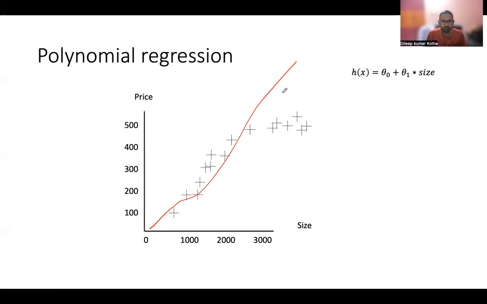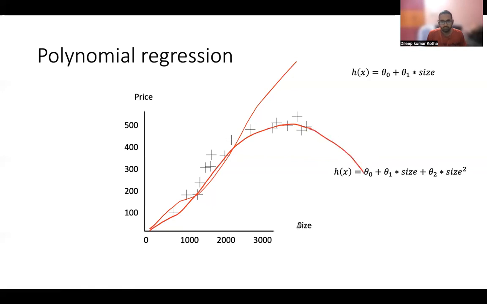Now, if you want to fit a curve that can fit the data much better, then you can go for a quadratic equation, which is the variable to the power of 2. So we can have one more variable called size square. So we can have our hypothesis represented like this in a curve format. Now, even this may not be sufficient because a quadratic equation, if we go further, it might go down like this.